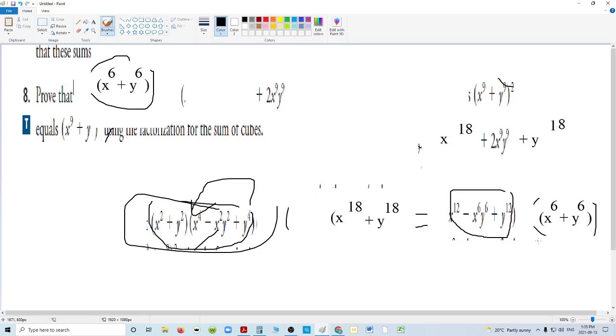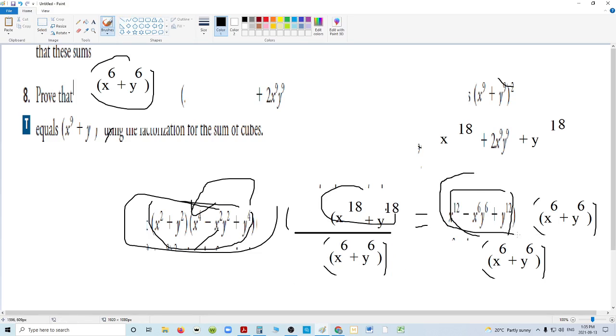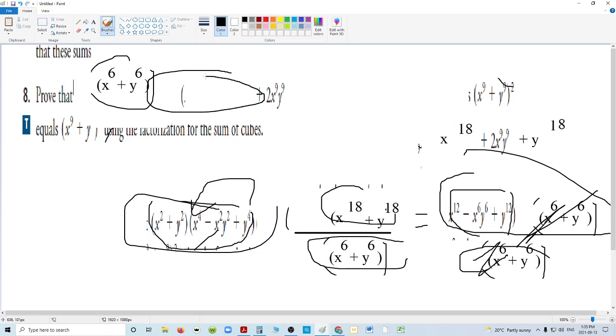So if I just want to have this, I would have to divide both sides by this to cancel it out on the right side, like this. In other words, if I expand this, I will get all of this, and then if I divide this out, I will get rid of that part. And I'll be left with what I had there.